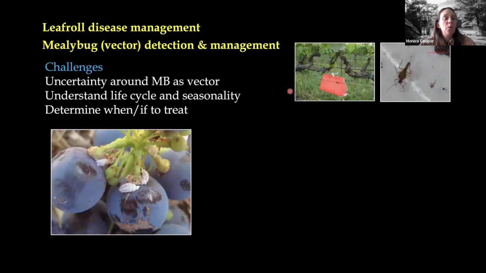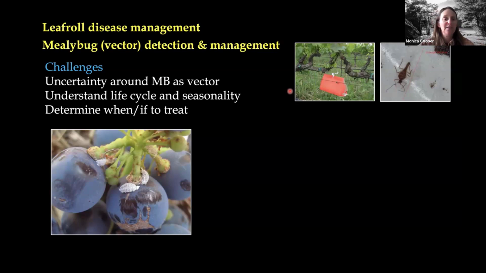Okay. The next aspect I'll talk about is vector detection and management. The biggest challenge that we had when I started working with leaf roll disease in Napa is that there was a lot of uncertainty around mealybugs as a vector. Because people couldn't see mealybugs or couldn't find them in their vineyards, they did not want to believe that they were the vectors responsible for moving the disease around. There were insinuations that it could be phylloxera, that it was nematodes, that it had to be something that was not mealybugs.